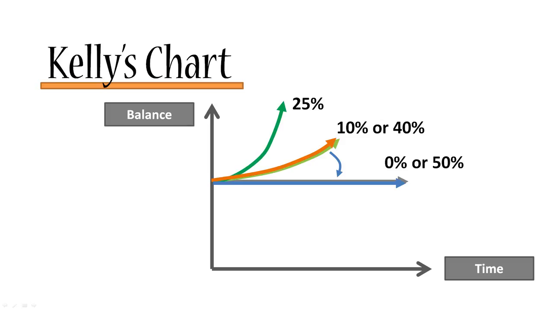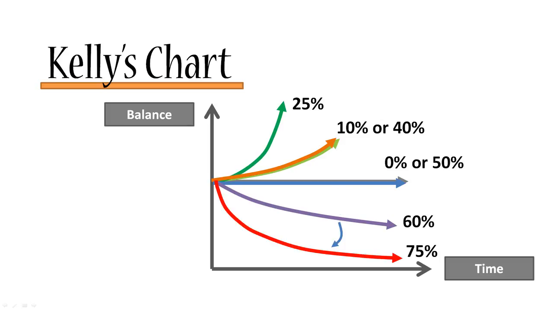If you keep increasing the risk further and go to 60%, the arrow will start to drop down and it will go into the negative area. So your balance will start declining and move away from what it was originally. And if you keep increasing even further, say to 75%, your balance will decrease even further, so the arrow will go further down.